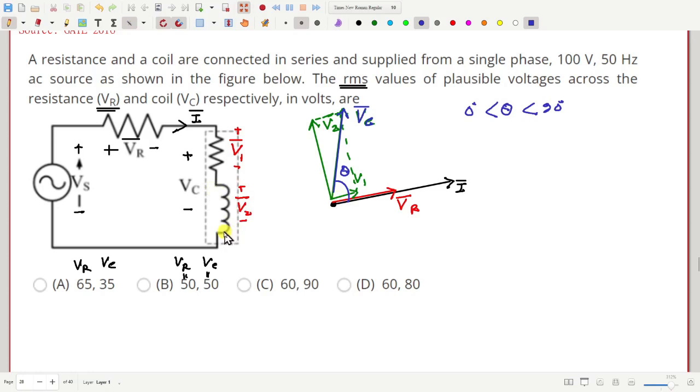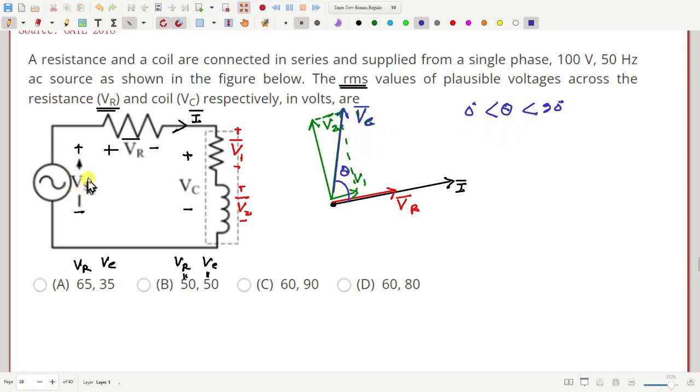But since this coil has some inductance, V2 should not be 0. And again it should not be exactly 90 degrees, because that is only possible if V1 is 0, that means the resistance of the coil is 0. But since some resistance is shown, let us assume that it is non-zero. It may be small, but it is not 0.